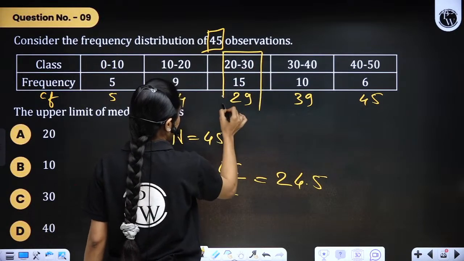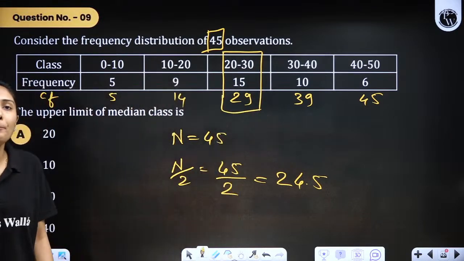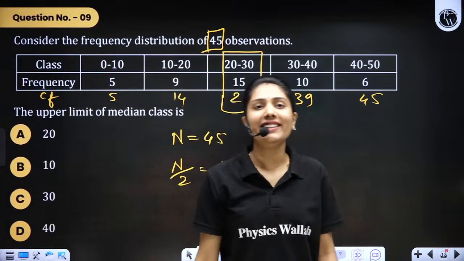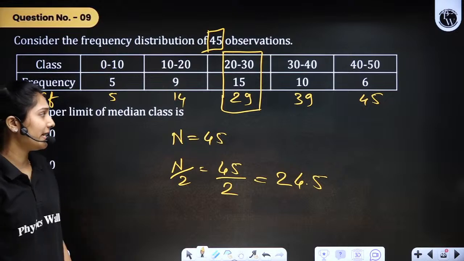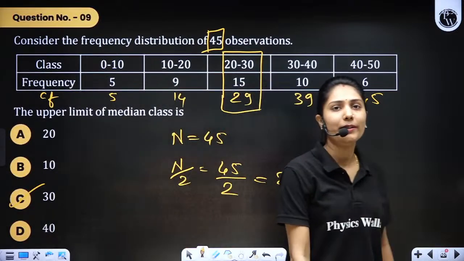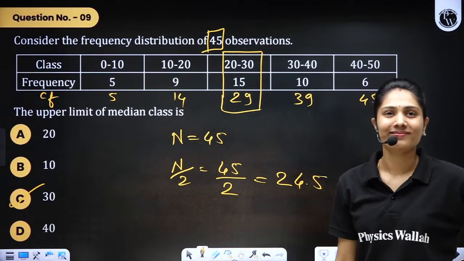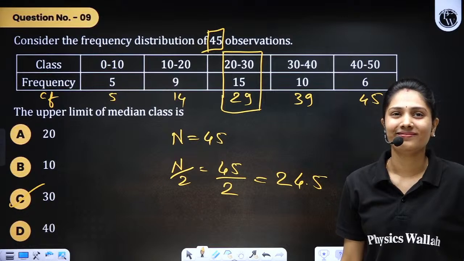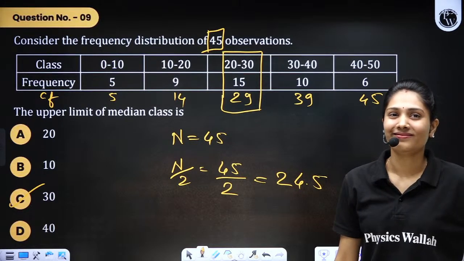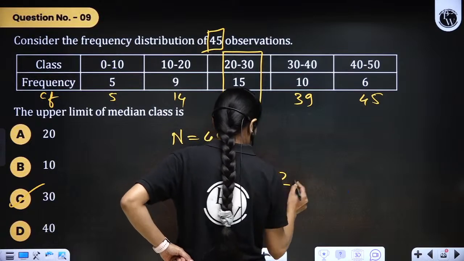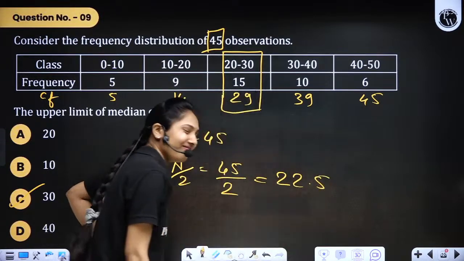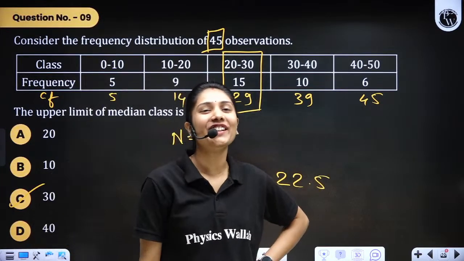This one is the median class, and the upper limit of the median class is 30. Option number C, that is 30.